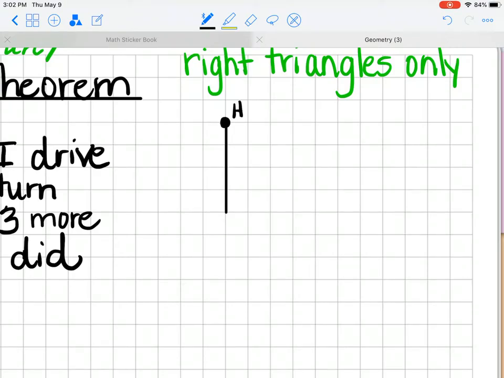I'm thinking as I'm driving, I turn left, and I go 3 more miles. So I'm going to go there, and I stop at that point, and I am at work. So I drove 4 miles, I turned left, and I went 3 more miles.